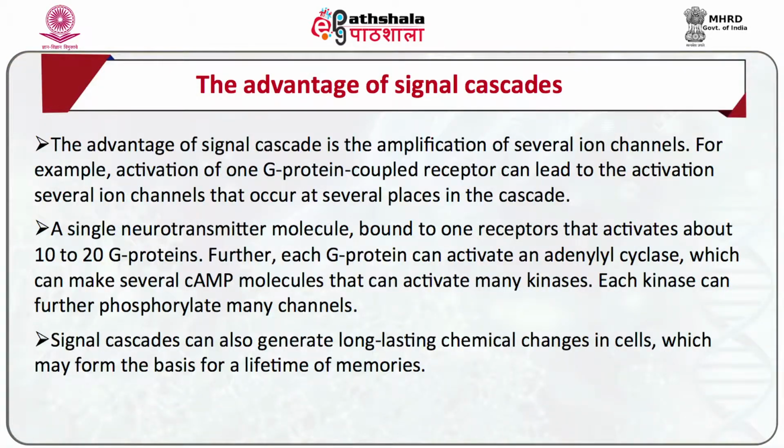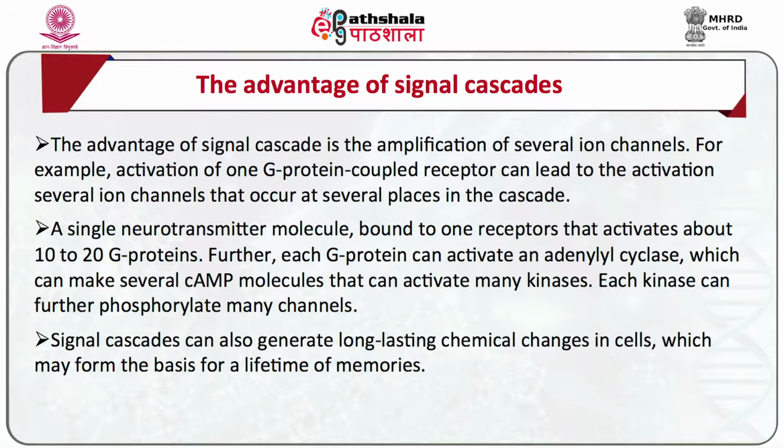The advantage of signal cascades. The important advantage of signal cascades is amplification. For example, activation of one G protein coupled receptor can lead to the activation of several ion channels, which occurs at several places in the cascade.